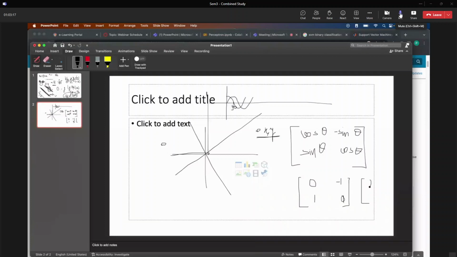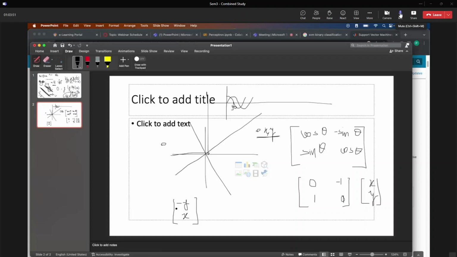Okay, what will happen? This is 0, this is multiplied with minus y. So this is minus y, and what will happen with this? This is x and 0. So the value is entirely different.